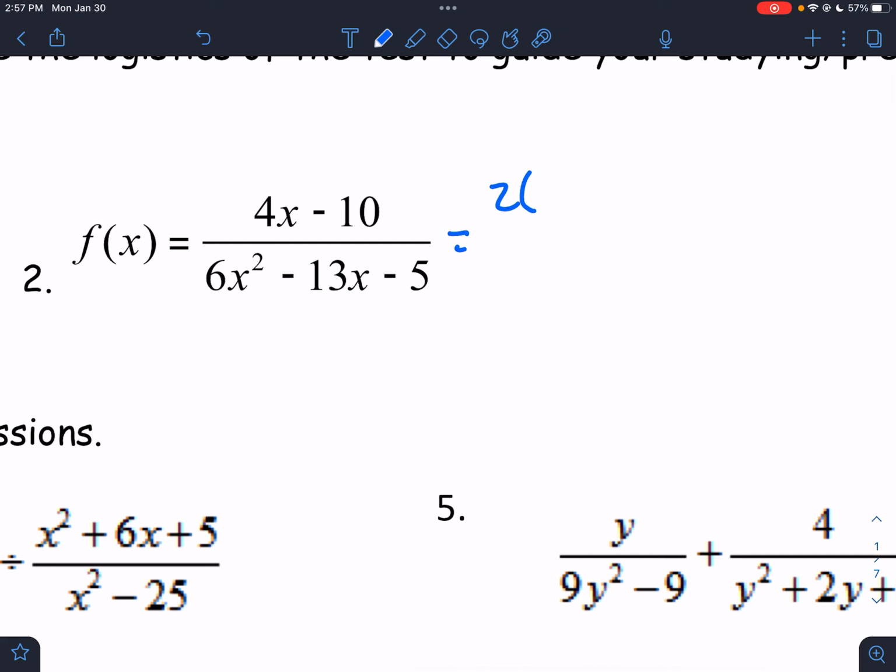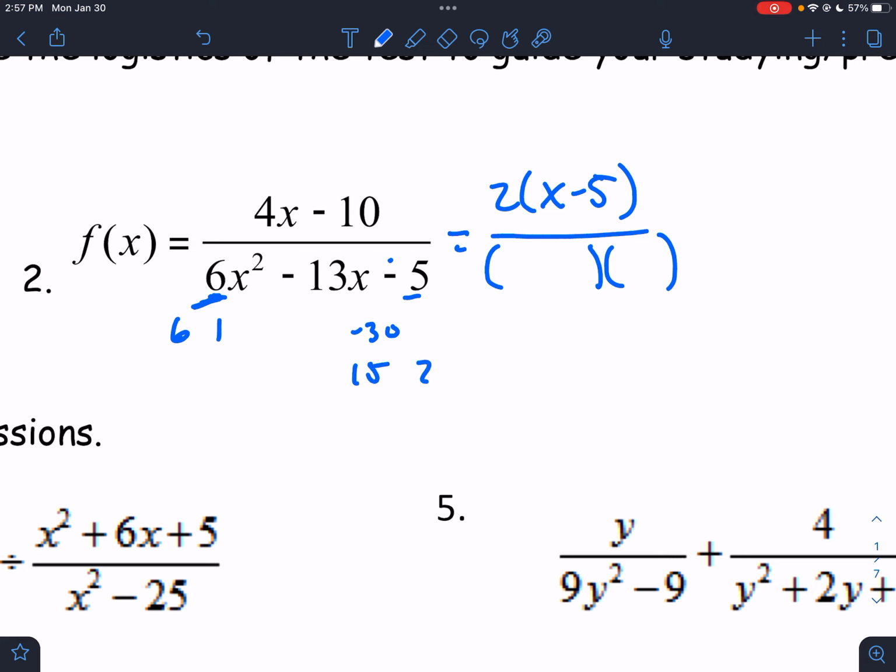On top, I can pull out a 2, leaving me with x minus 5. On bottom, a little trickier. Hopefully you know how to factor these, but 6 times 5 would be -30. What factors of 30 subtract to equal 13 would have to be 15 and 2. So how do we get 15 and 2 from the number 6? 6 and 1, does that give me 15 and 2?